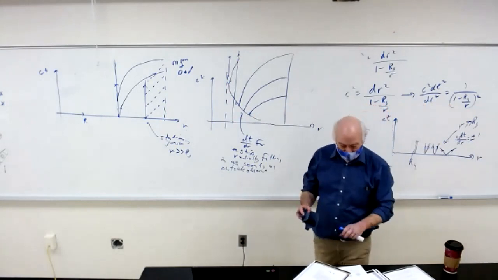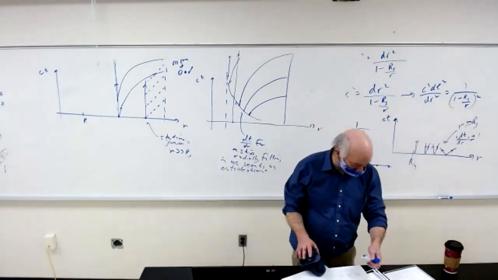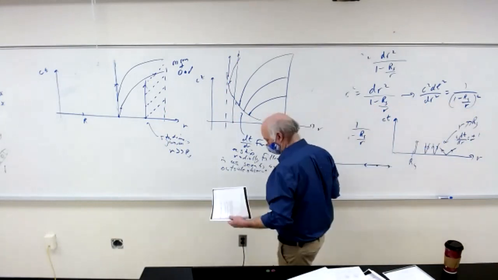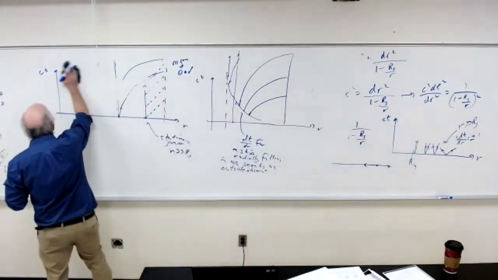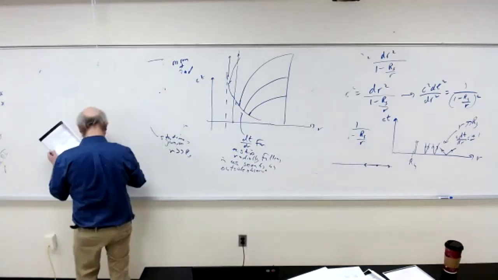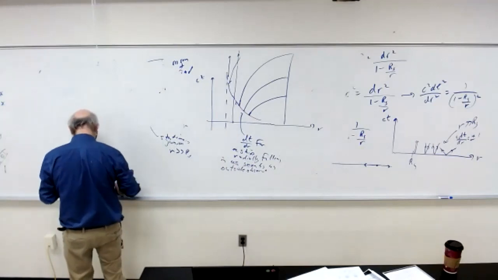Now you can actually see something else here. You can actually kind of figure out that graph. So for the homework, you're going to work out this graph here like this.